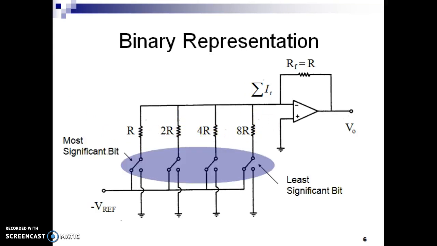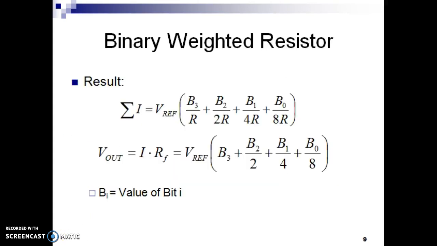In that case, our output voltage V out is equal to the sum of the currents into RF, and whenever RF is equal to R1, we can use the equation V out equals V reference times B3 plus B2 by 2 plus B1 by 4 plus B0 by 8. So we can nicely calculate the output voltage corresponding to a binary digit.